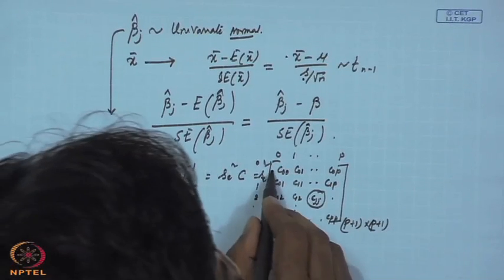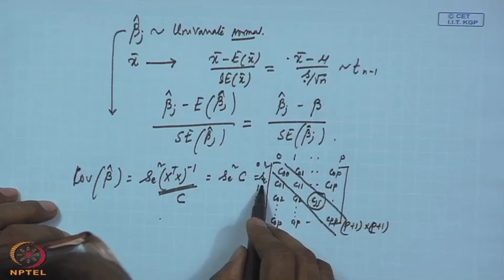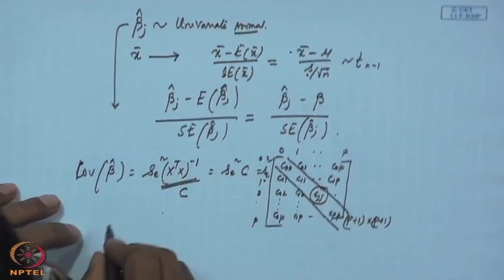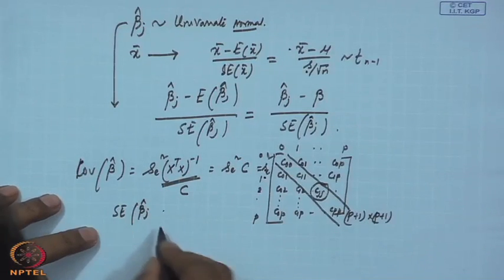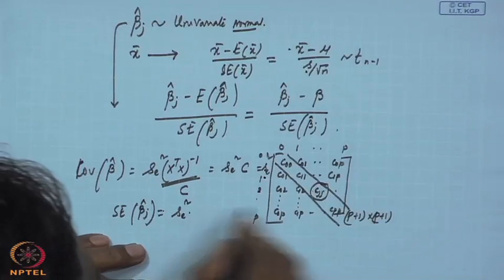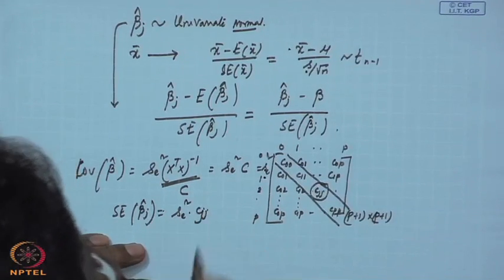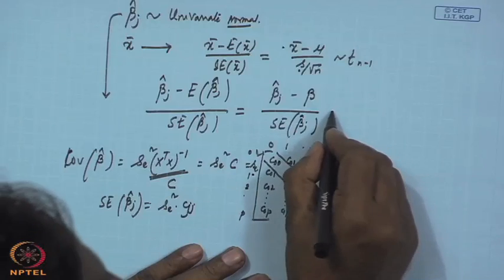So, the diagonal elements of this, when multiplied by sigma square, will give you the variance of beta j, so this will be sigma square into C j j, and the off diagonal elements will give you the covariance between the parameter estimates. Okay.